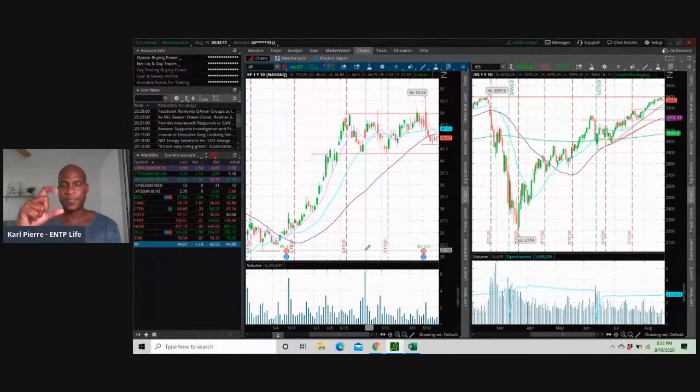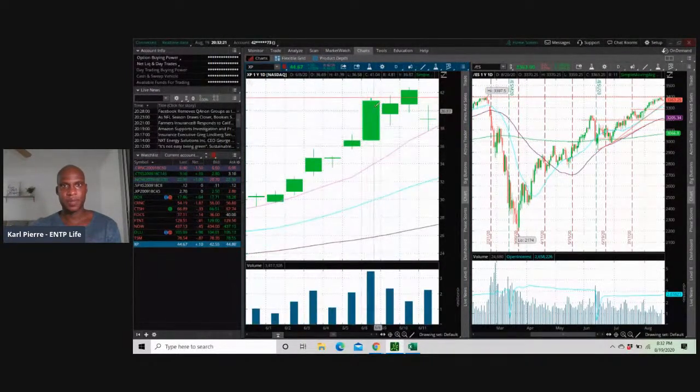The elephant bar, that's a large range, right? Something like this, above average range, 2 to 3 times the average daily range or higher, and 2 to 3 times the average daily volume, okay?